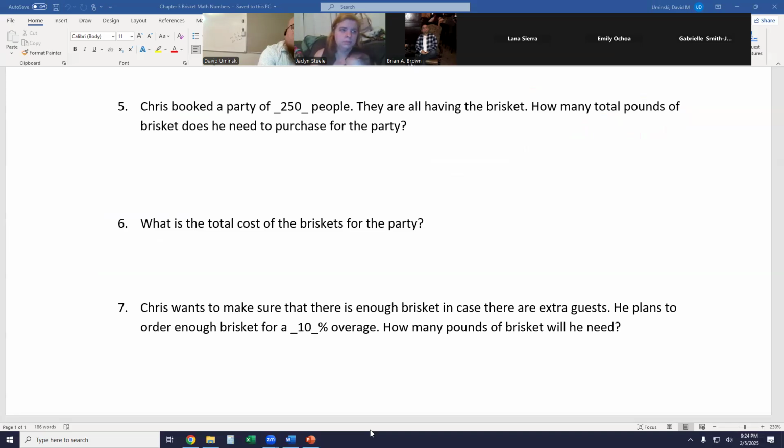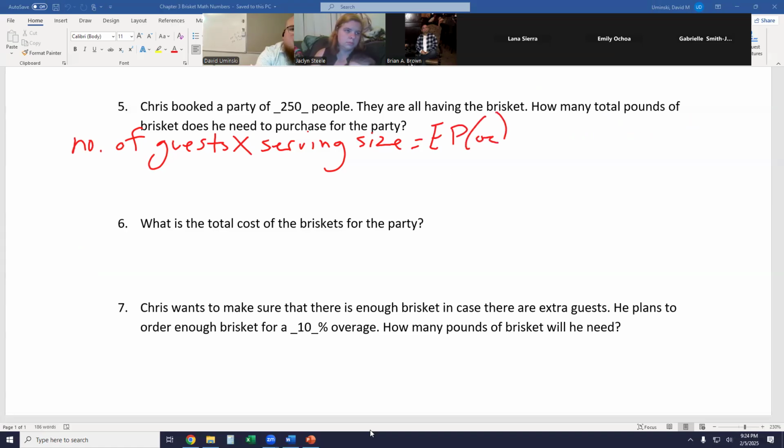Okay. So I'm going to do the number of guests times the serving size. That is equal to my edible portion in ounces. Now, I'm going to have you do this step right here, which is the yield percentage.